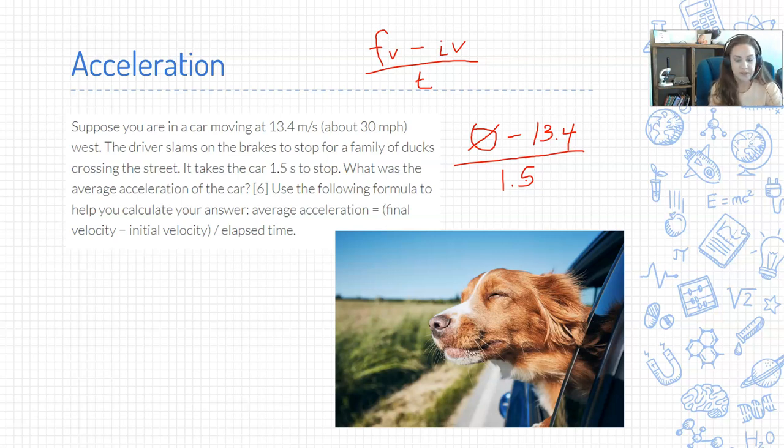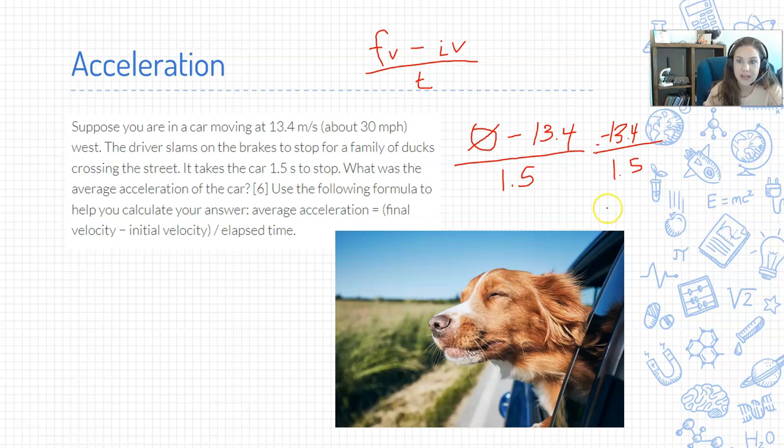So we have 0 minus 13.4. Guys, you know this. That's going to leave you with negative 13.4 divided by 1.5.